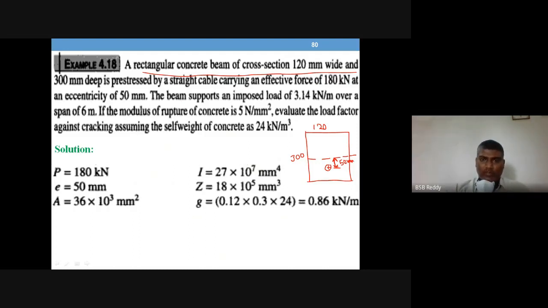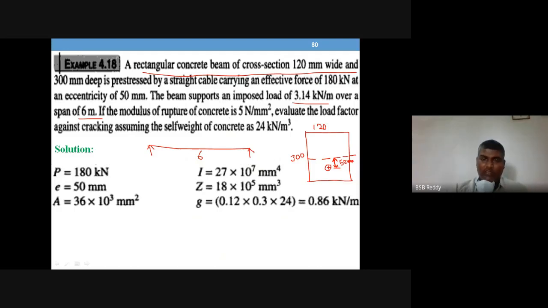The beam supports an imposed load of 3.14 kilonewton per meter, the Q value, over a span of 6 meters. So the beam has a 6 meter span, with a live load of 3.14.